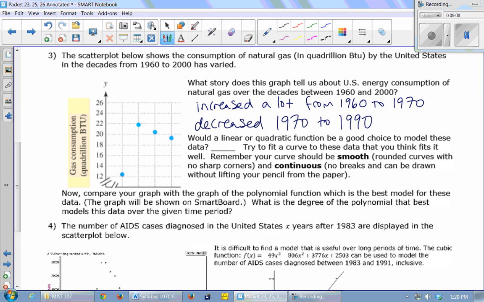So a line is not a very good choice because it's not going to capture the fact that it went up and then down. But if you use a quadratic, we could model this with some kind of upside down parabola that could capture the trend in the data. Right, so I want to use a quadratic. So we've drawn a smooth, continuous curve. Looks like a quadratic.